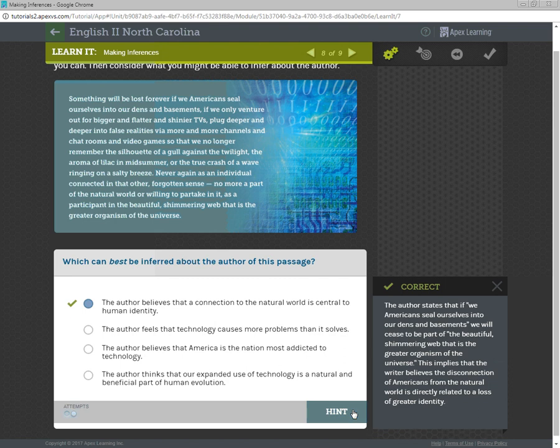The author states if we Americans seal ourselves into our dens and basements, we'll cease to be part of the beautiful shimmering web that is the great organism of the universe. So this implies, or we can infer, that the writer believes a disconnect of Americans from the natural world is directly related to a loss of your own natural identity.